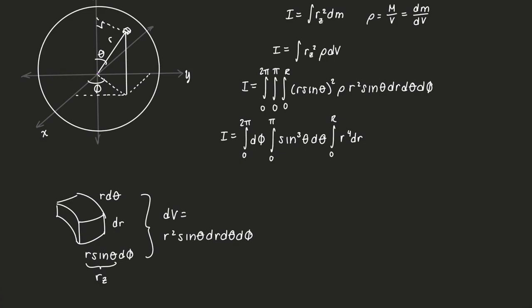And so the first and last integrals are not too hard to solve. We just get that I is equal to 2 pi from the first, and then our last integral is just going to integrate to r to the 5th over 5. And then we still have the integral from 0 to pi of sine cubed theta d theta.